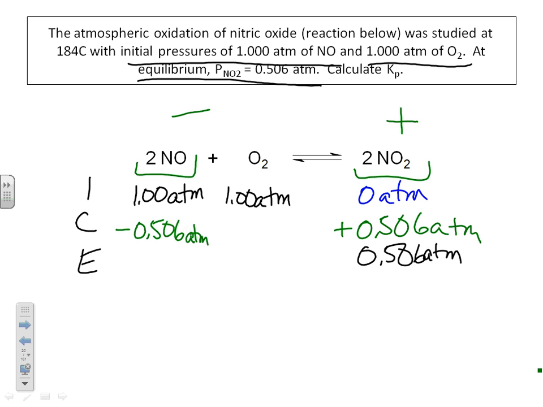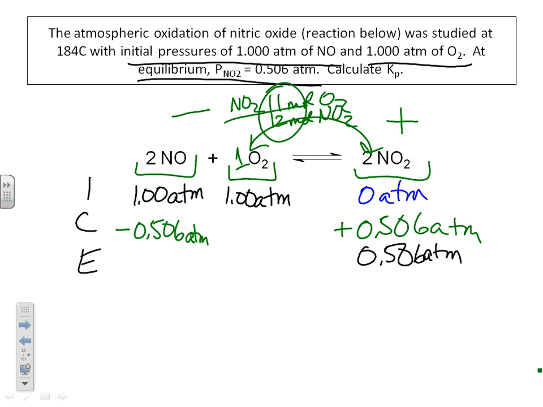And then we're going to figure out the change for the O2. But the O2 is in a 1-to-2 relationship with the NO2. So that means that its change is going to be, this is sort of based on the ICE chart, right? If you've got a certain amount of NO2, then you look at the coefficients. 2 moles of NO2 create 1 mole of O2.